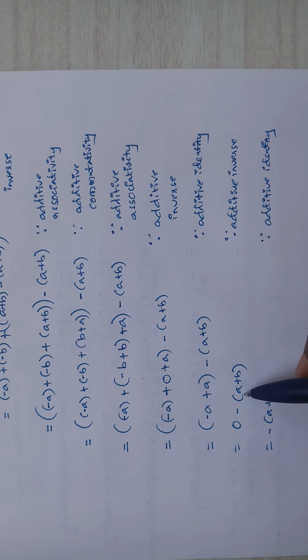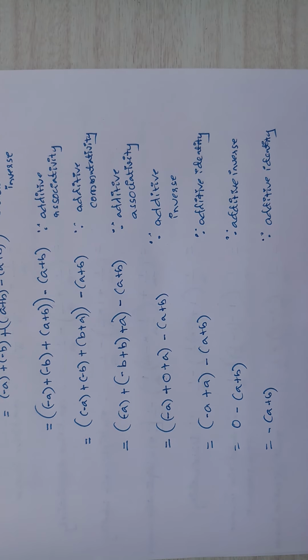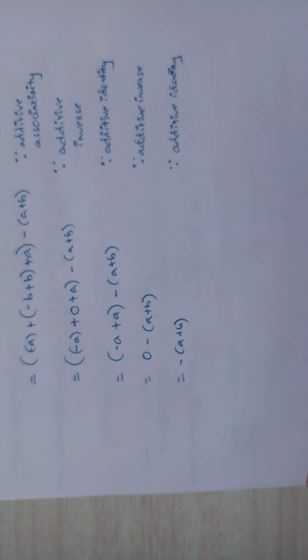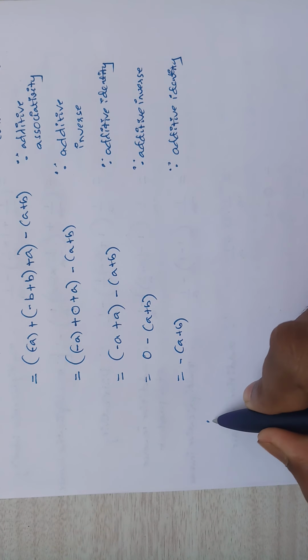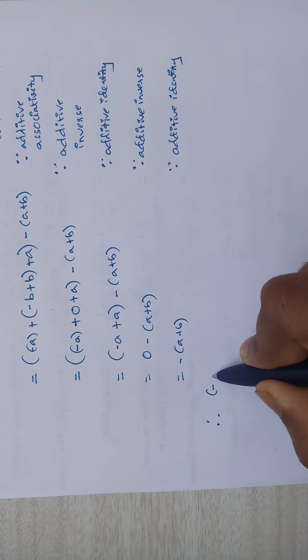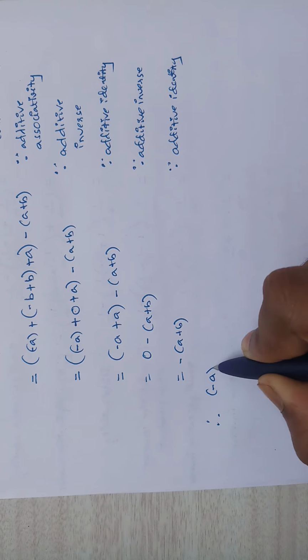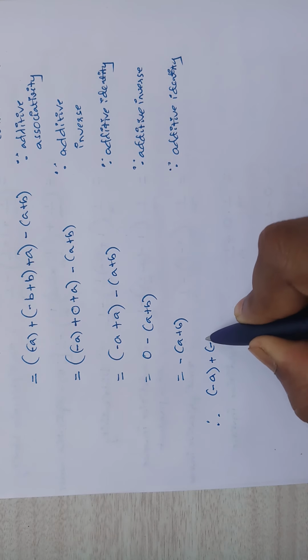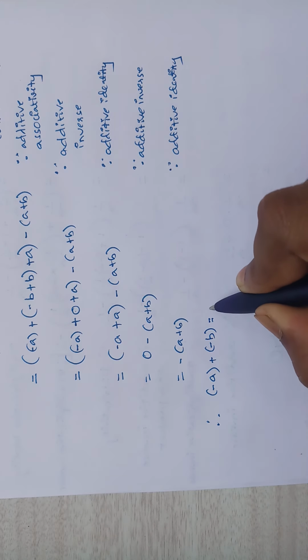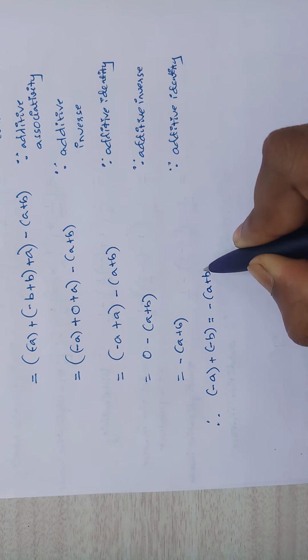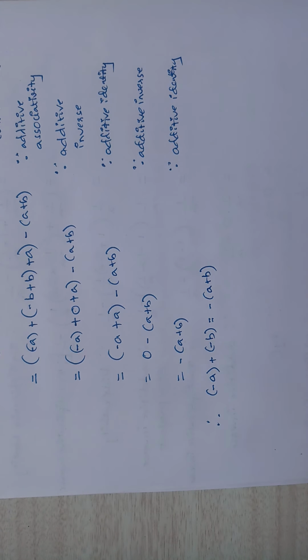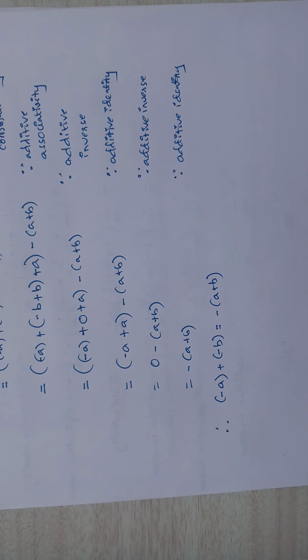Using additive identity we can write this as minus of a plus b. So therefore minus of a plus of minus of b is equal to minus of a plus b. So this is your fourth property.